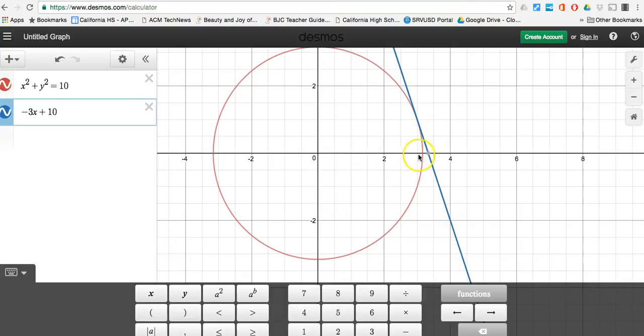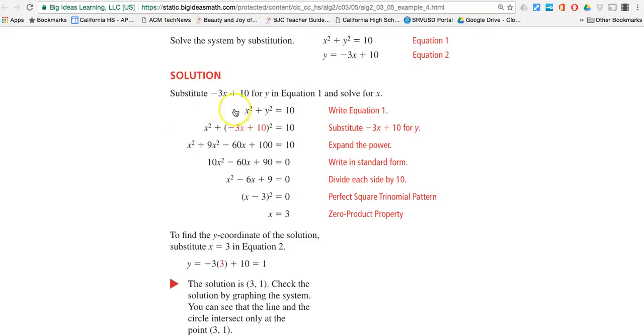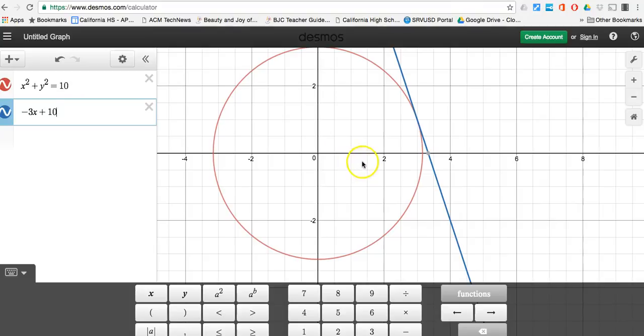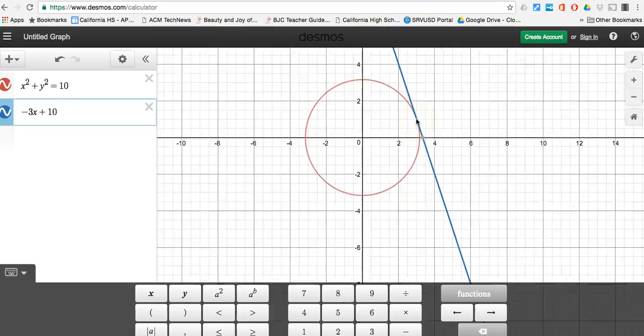So let's go look back here. I'm trying to remember what our equation was here. y equals negative 3x plus 10. So at (3, 1), we get our solution.